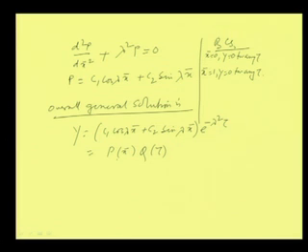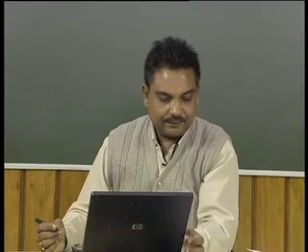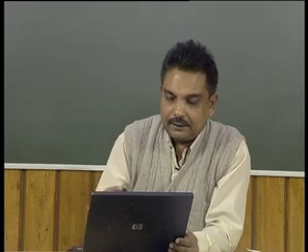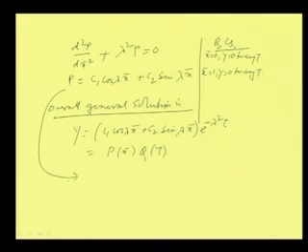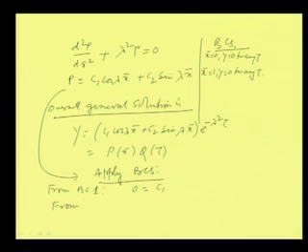Now, if we apply the boundary conditions in this equation, what we can write for the first boundary, from boundary condition 1, is that 0 is equal to C1, which implies C1 equal to 0.